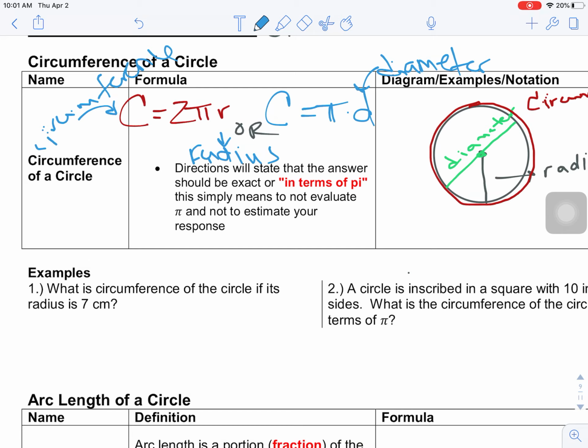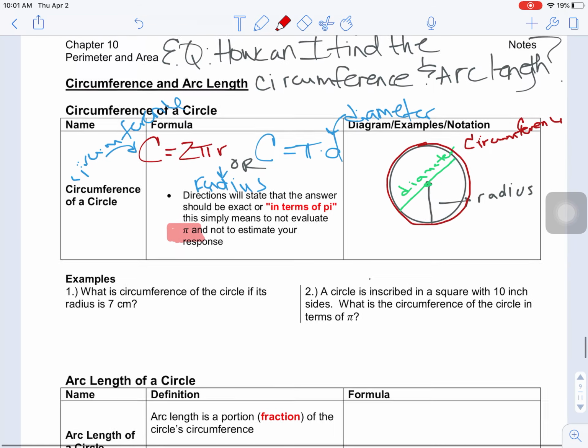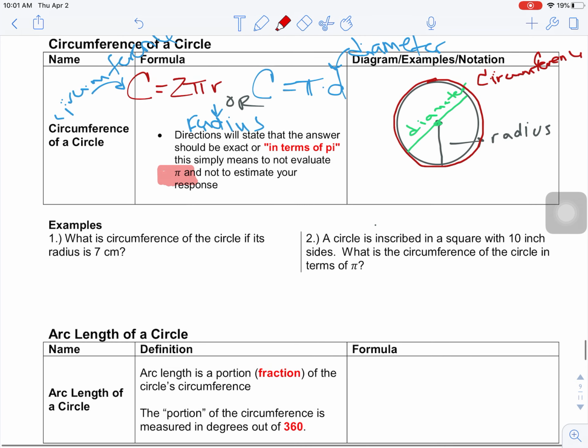If we know those measurements, we are able to quickly calculate the circumference of a circle. We also want to note that pi is going to be used in our answers. The most exact value that we are able to use is pi, so we can potentially leave our answers in this format, unless we're told to round or provide decimal values.